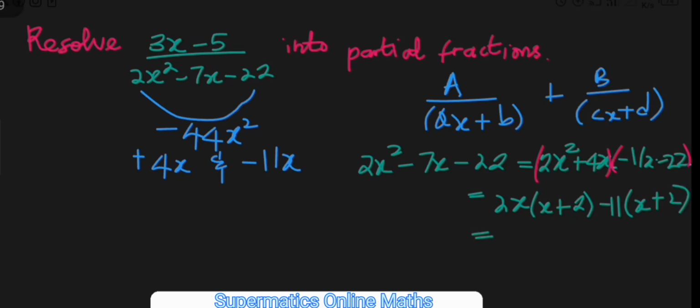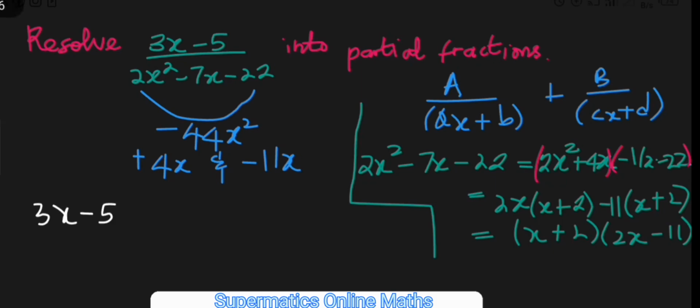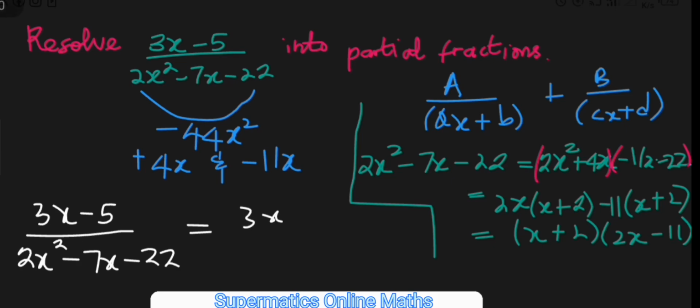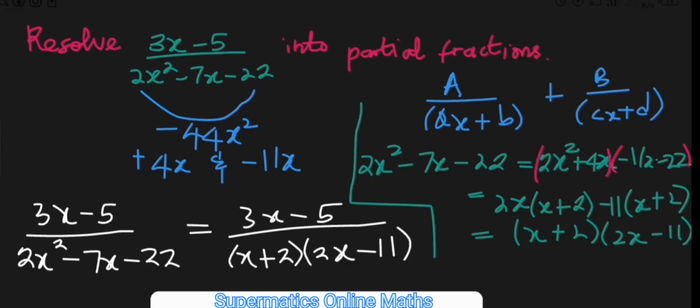Now x + 2, which is common, is factored out, and that is multiplied by (2x - 11). Therefore, the rational function (3x - 5)/(2x² - 7x - 22) can be written as (3x - 5) over (x + 2) and (2x - 11) as the factors of the denominator.